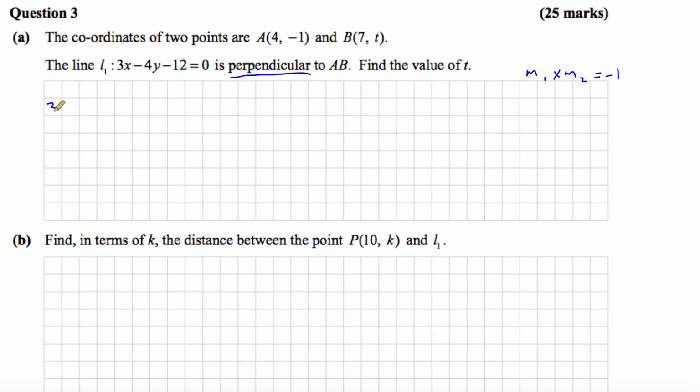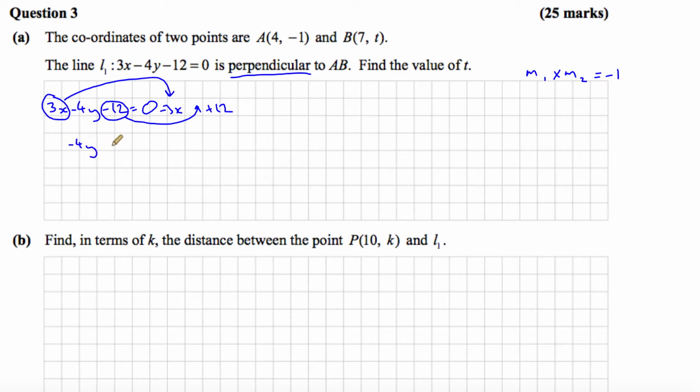Well, we need to do some rearranging there. The easiest way to find the slope is to manipulate this into the form y = mx + c, and then m will be the slope. So we're going to move the 3x over here, and we're going to move the minus 12 over here. It's going to give us minus 3x plus 12.